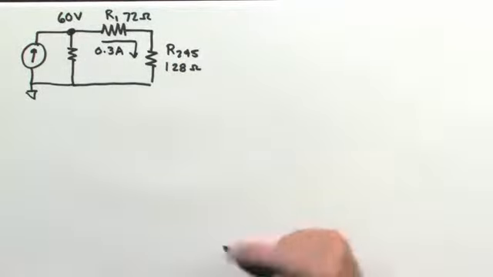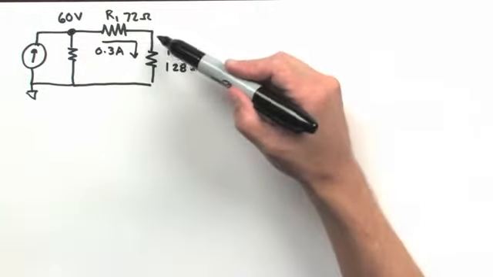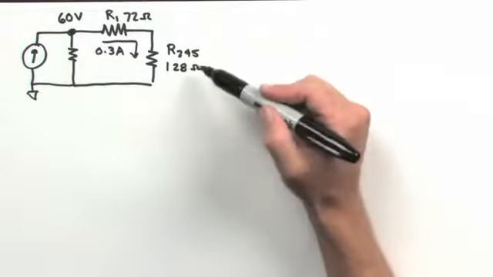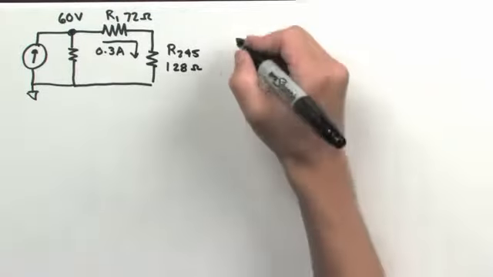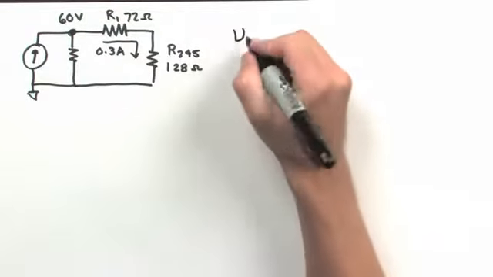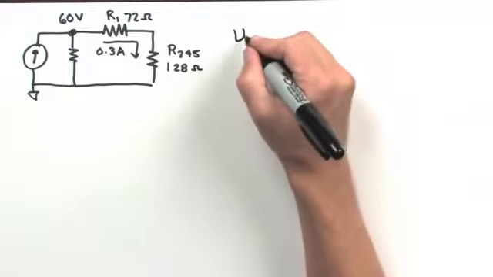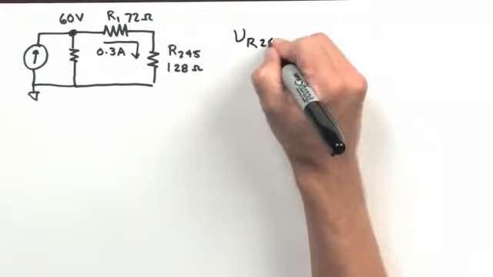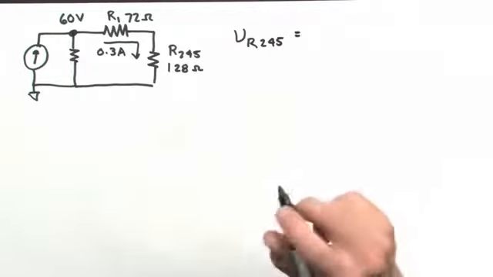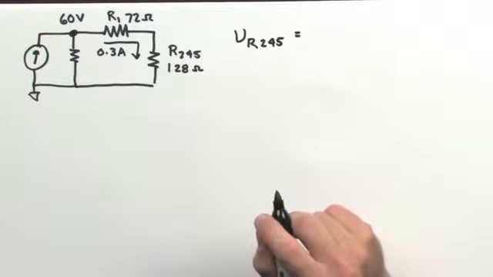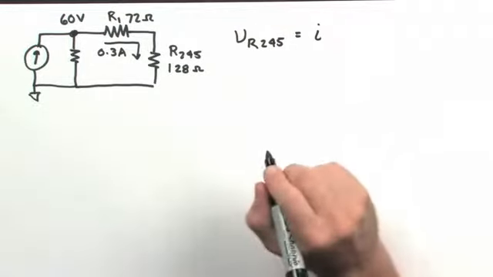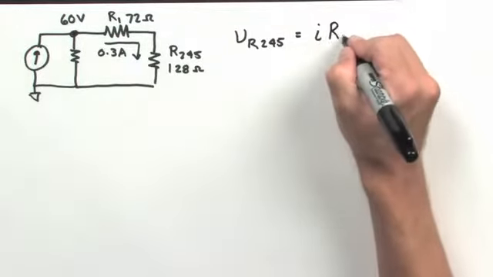Again, using Ohm's law, I can now determine the potential that's developed across R1 and R2, 4, 5 equivalent. So I'm going to go directly and calculate the voltage, or the potential difference, developed across resistor 2, 4, 5 equivalent. Using Ohm's law, I know that the voltage is equal to the current through that resistor times the resistance.